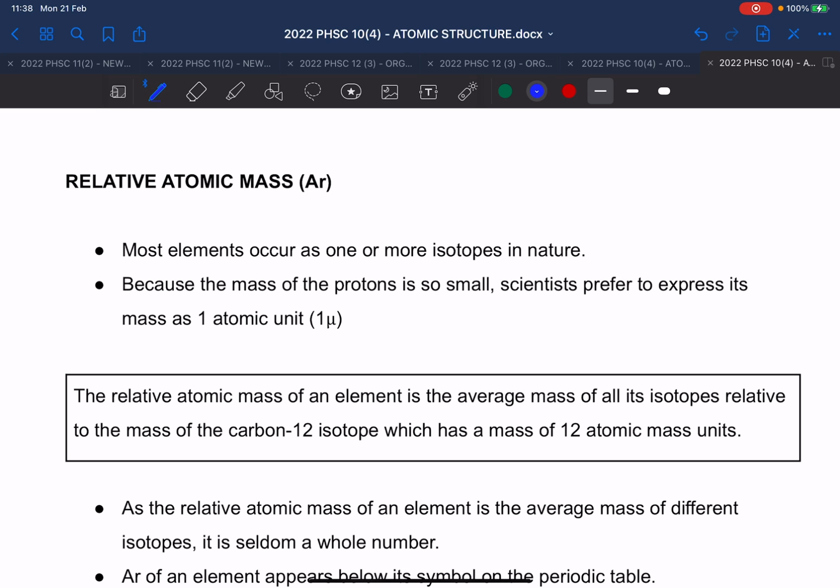Like if we look at oxygen, it's 15.9994, whereas on your periodic table it is 16. Now yours is rounded up or rounded down to make it easier for you, but mine is more correct. Now how can we get a comma?